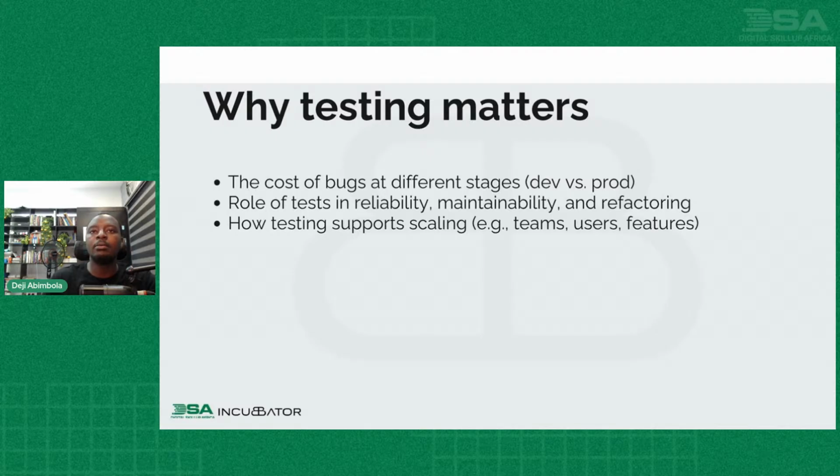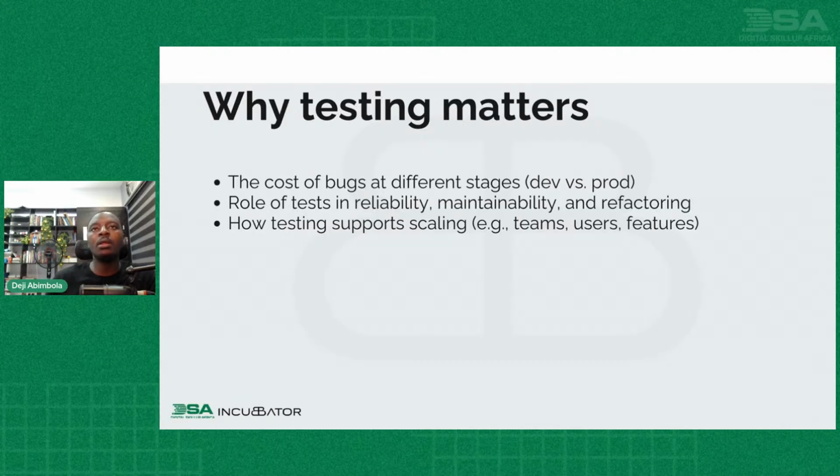And then the other reason why it matters is that it ensures reliability, maintainability, refactoring, and also testing supports scaling. So I will dive deep into each one of these and try to explain how testing plays a role in ensuring all of these potential benefits that come along with testing.